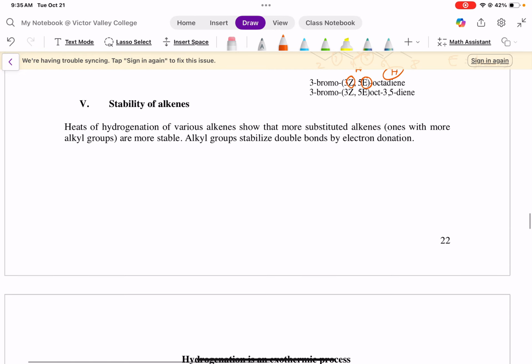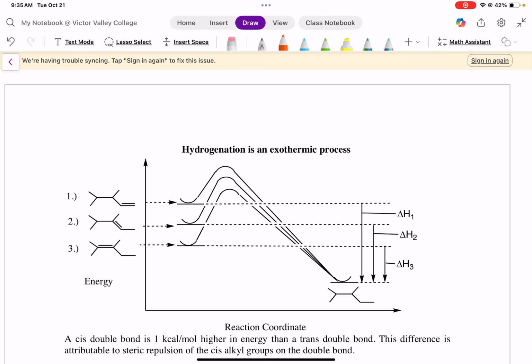Okay, in terms of stability, what are these about, right? In general, the trans is more stable than the cis, and the more branches with respect to the double bond, the more stable. So you can see higher energy means less stable.